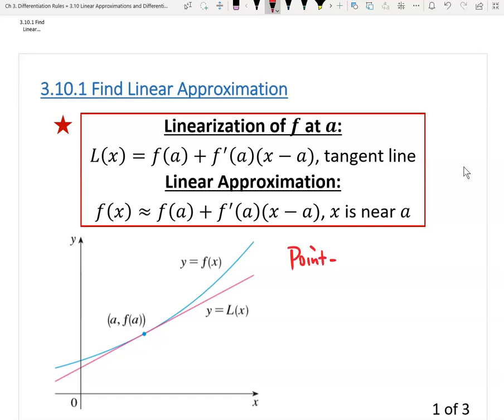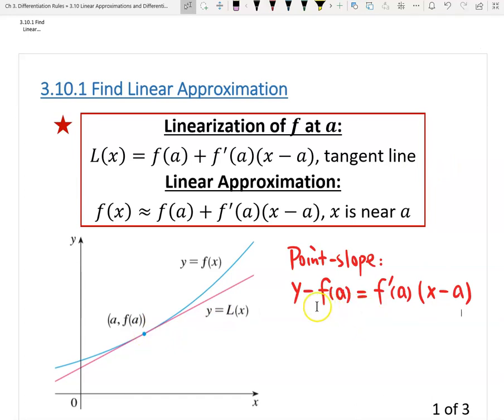Let me put here the point-slope form. This should be y minus y0. y0 is f(a), right? So y minus f(a) equals m, which is the slope. The slope is the derivative at a, f'(a), times parenthesis x minus x0. x0 is a, because we look at this point.